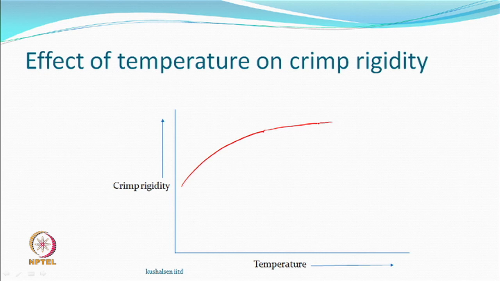But it has been seen that the crimp rigidity can start falling after a certain temperature, obviously, which you will say, well, it did not appear to be bad temperature, why is it falling. So, you will stop somewhere there, and that is the time when molecular degradation can become also a significant factor.